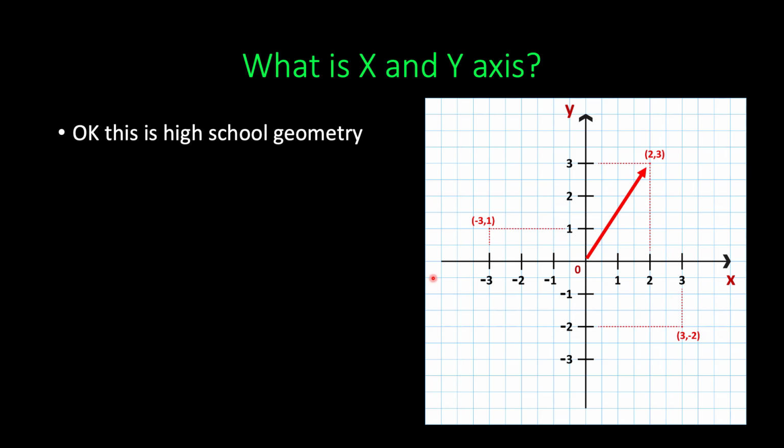Let me grab a line and a pen. In case of OpenCV, the x will be like this, but the y will be going in this direction. So y is going down and x is going over here in case of OpenCV.